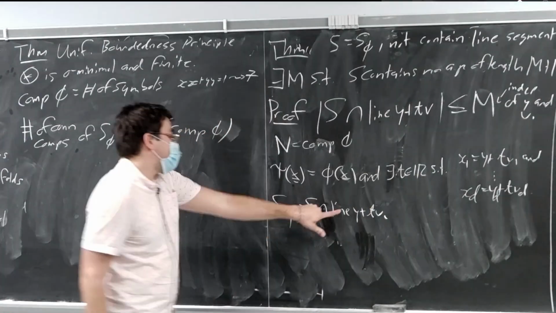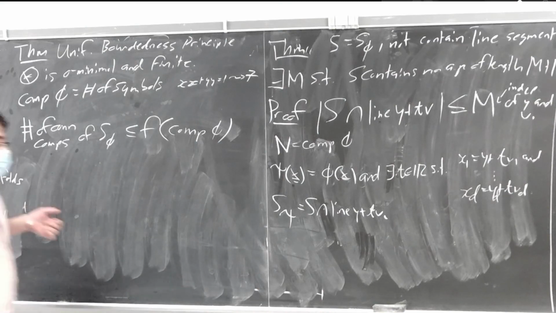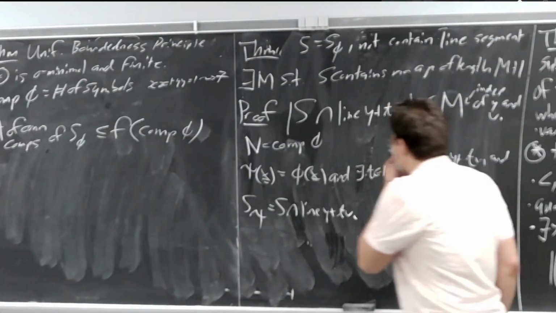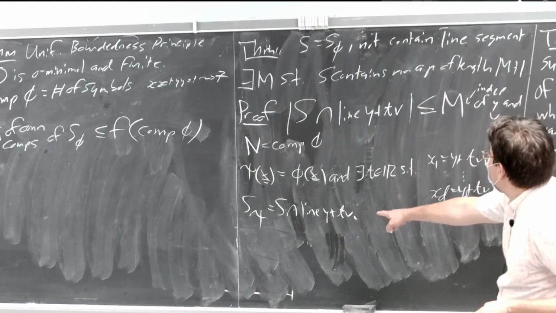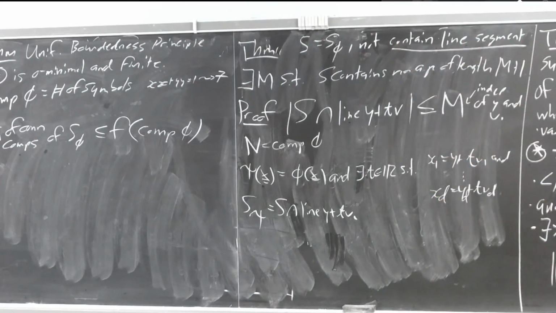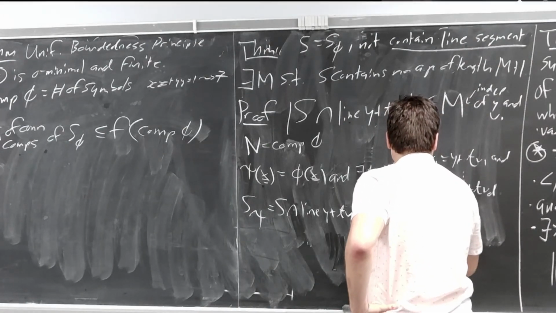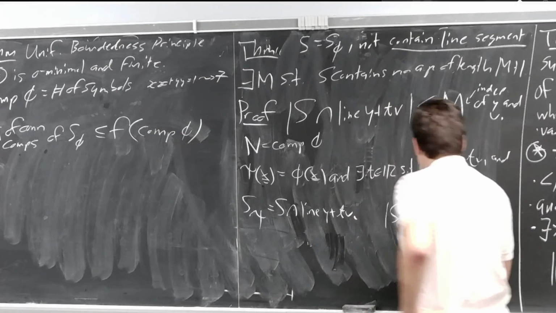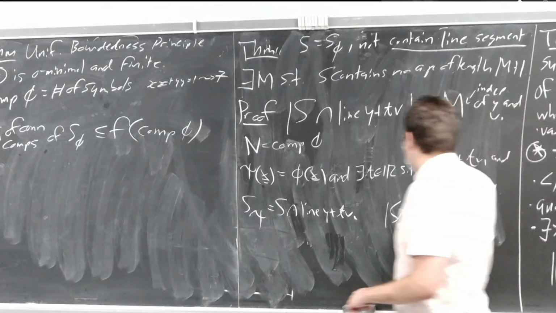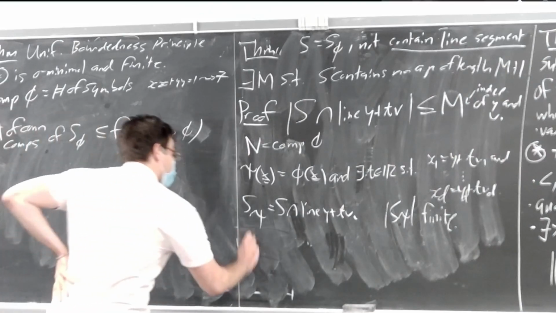Now, what can this set look like? Well, this is a finite union of manifolds inside the line. So it's a union of some points and some line segments, but there are no line segments. So in fact, this is finite. In particular, the number of connected components of this is equal to its size.